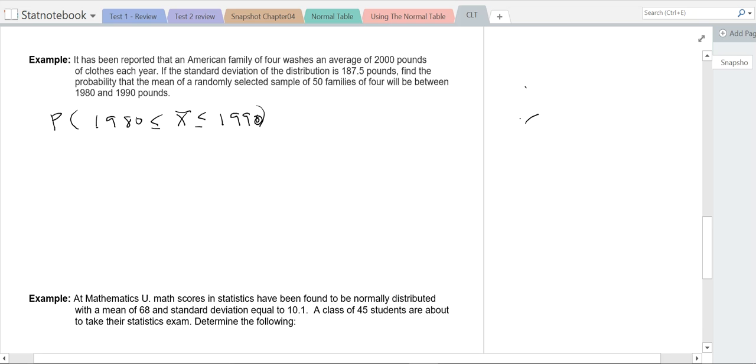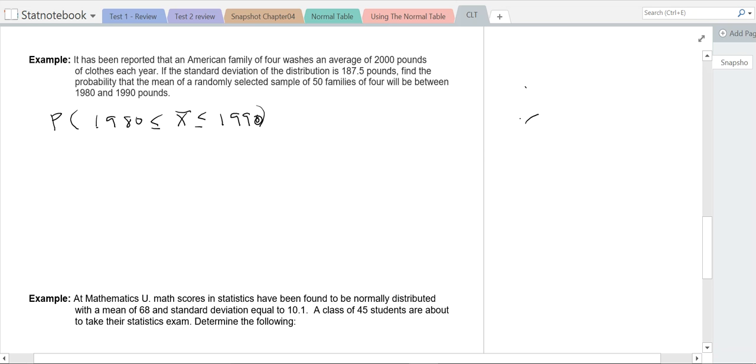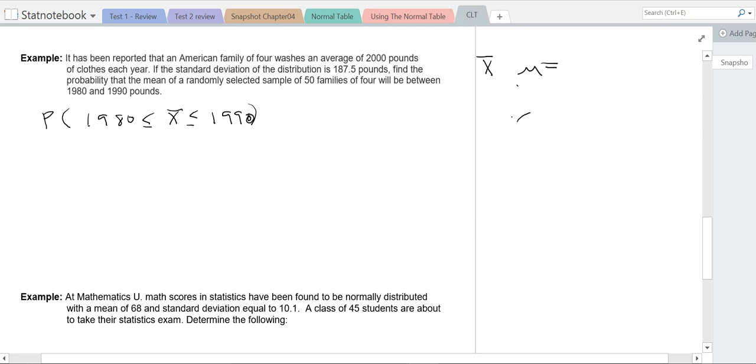From the problem and the central limit theorem, we know that X bar has a mean equal to 2,000, right?